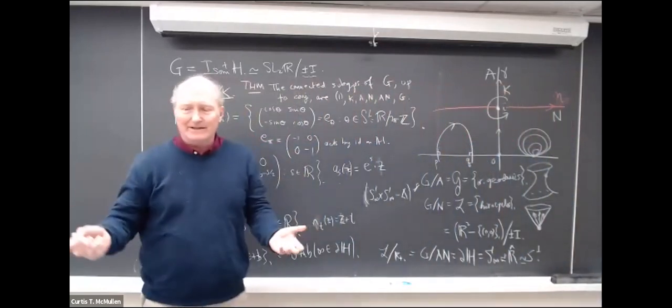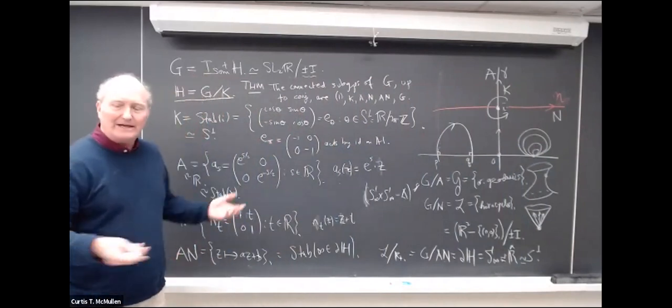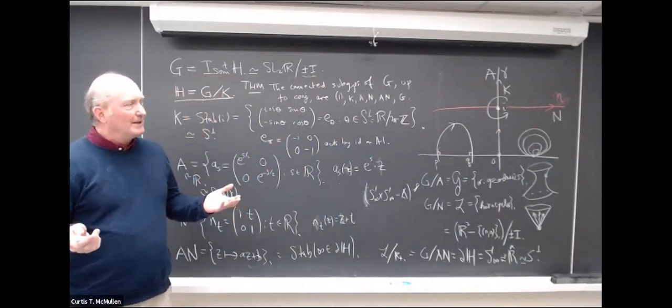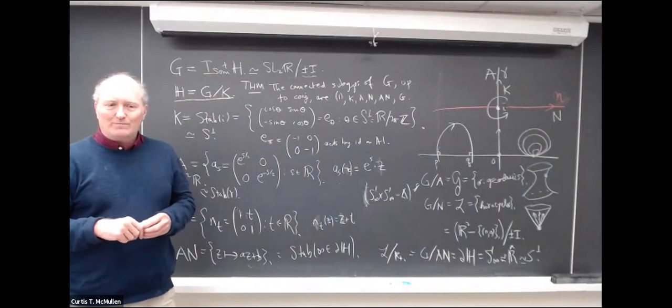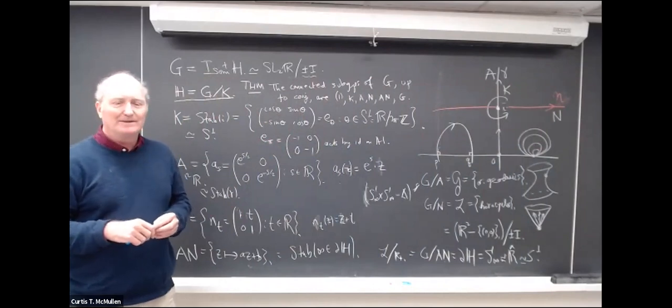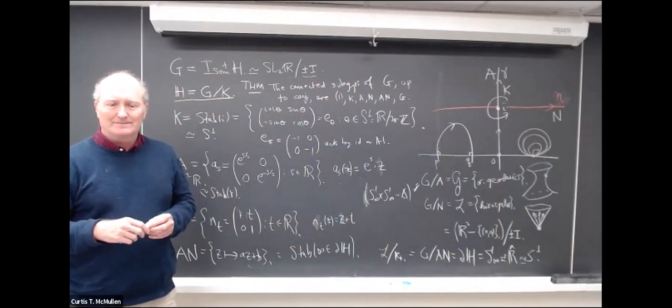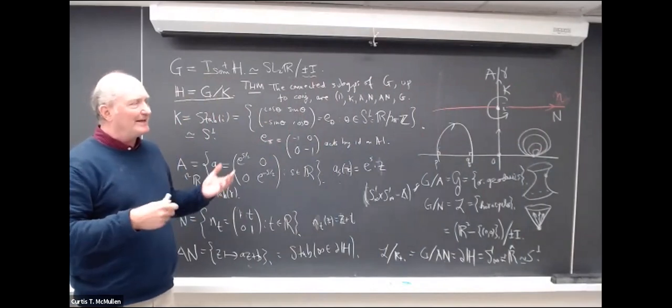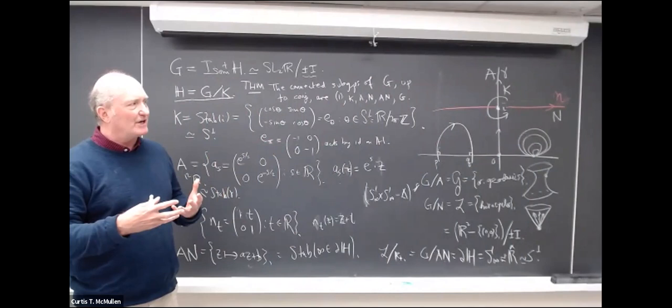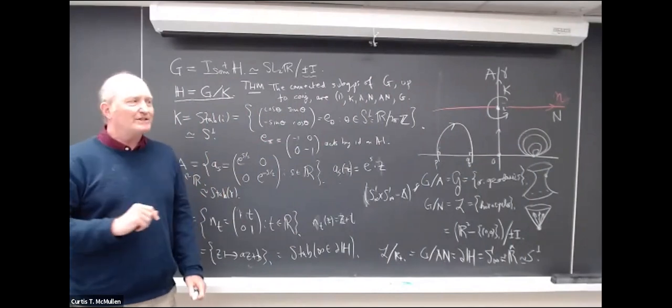If I want to think of the Lie group G geometrically, how can I think of it? Any proposal? We have to find something in the upper half plane that G acts on, and its stabilizer has to be trivial.